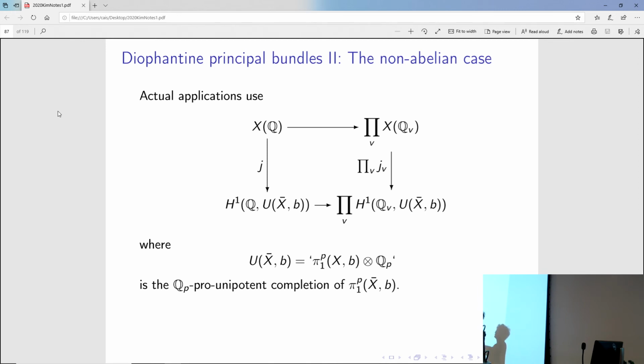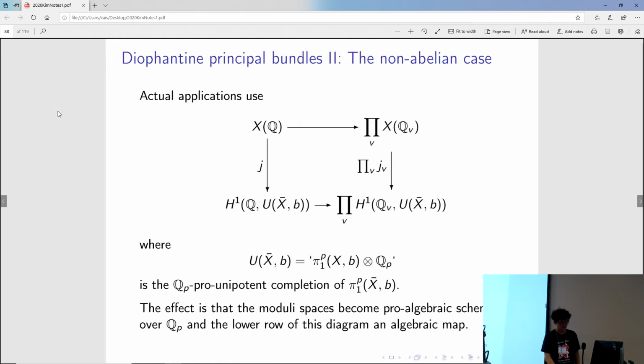And all the constructions described so far, Galois action, homotopy classes of paths, all carry over into this unipotent completion setting, so that we can replace the previous diagram by this one with unipotent completions instead of the pro-p completion. The advantage, and Bjorn already mentioned this fact, is that once you replace it by the unipotent completion, these moduli spaces, which used to be just topological spaces, now become algebraic varieties.